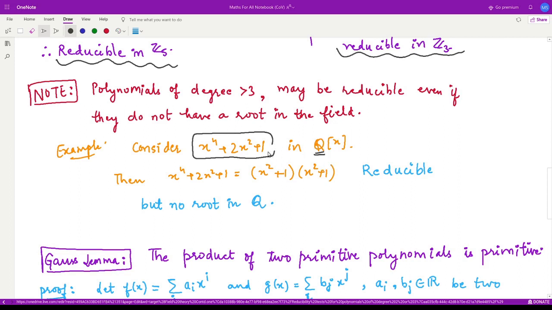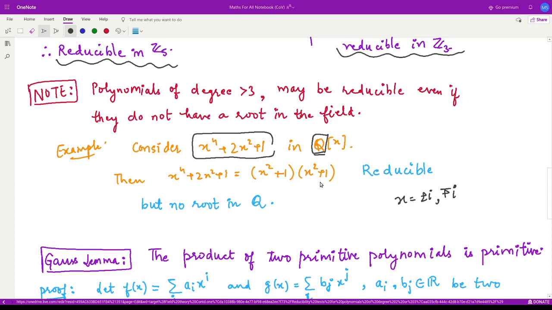Now this polynomial does not contain a root in this field, because when you solve it, it would give x equal to plus or minus iota. So these would be the two roots, right?